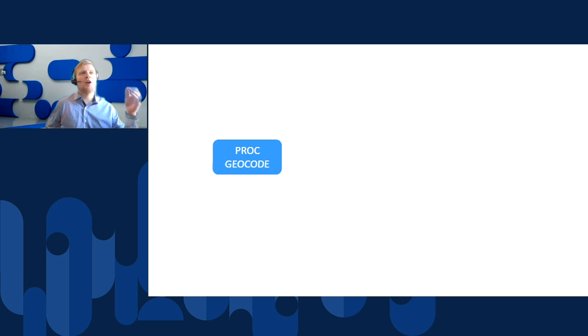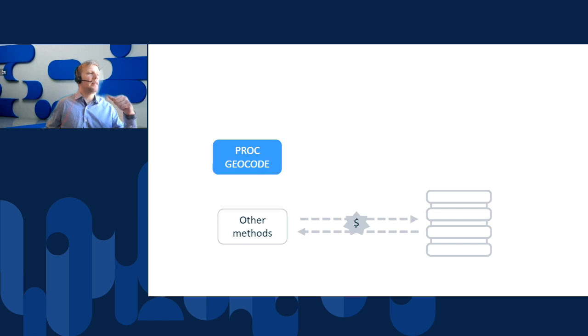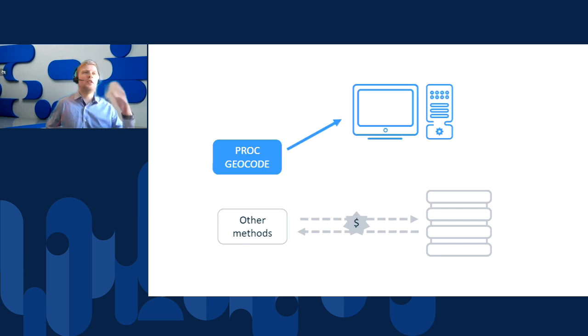We pay a cost to Esri in terms of credits per request we submit, and the way that the geocoding happens is that we're passing our address data to this Esri database. It's doing the geocoding there, and then it's giving us back the results. When we use the geocode procedure, there's no additional cost. We're not paying a per use fee to wherever it's coming from. And we're doing it locally on our installation of SAS. We're not passing addresses back and forth to this third-party database.